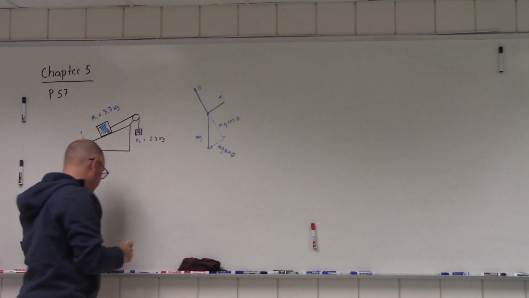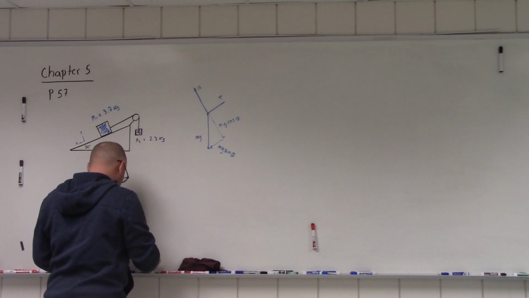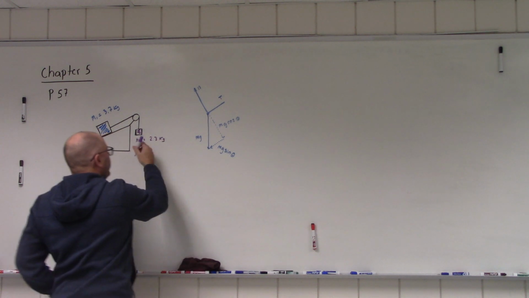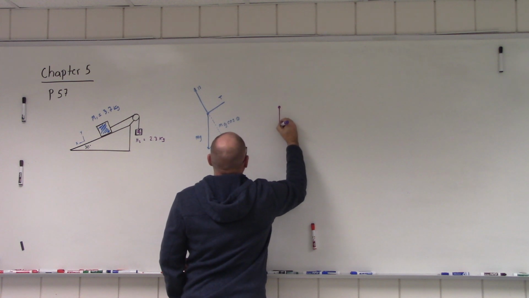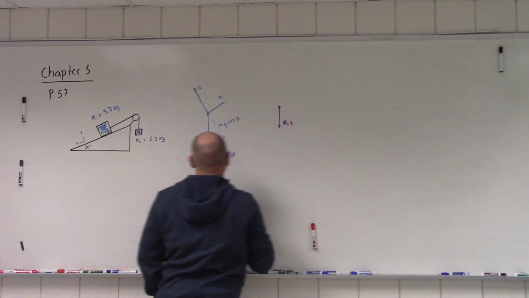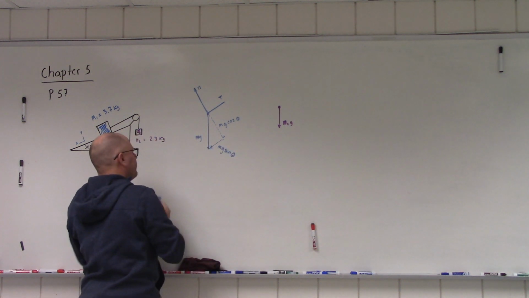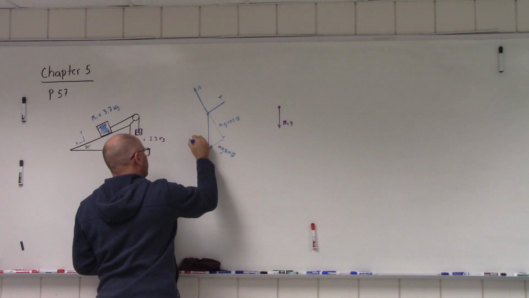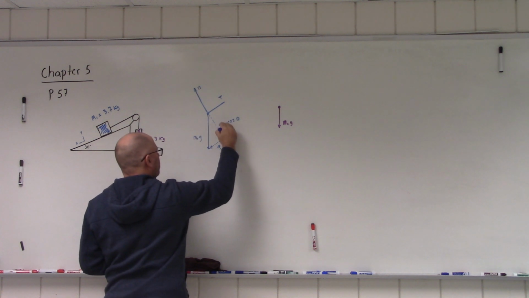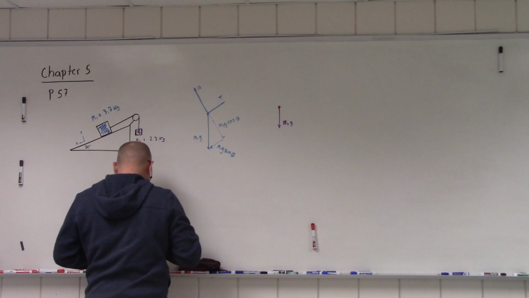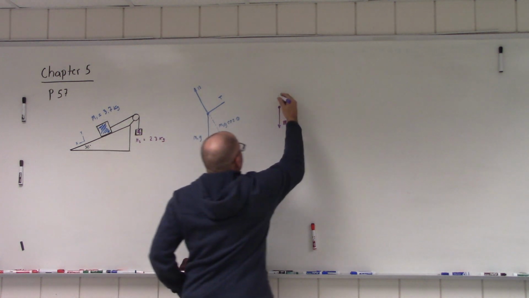I think it looks good. And then this one here, we know it has its own m2g. Oh, these are all m1. Sorry. m1, m1, m1. There. And then we know that there's some tension here.